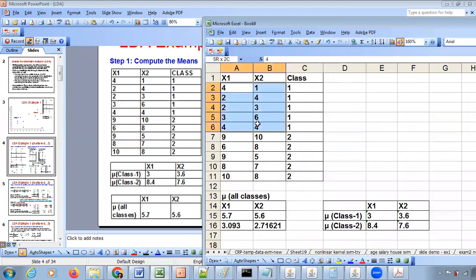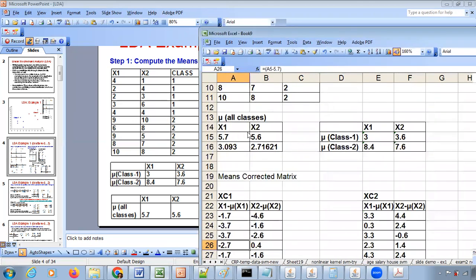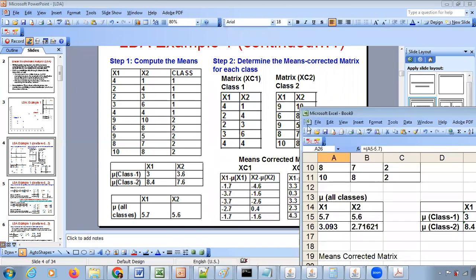Actually, we want to have the means corrected matrix, and we will then use that.